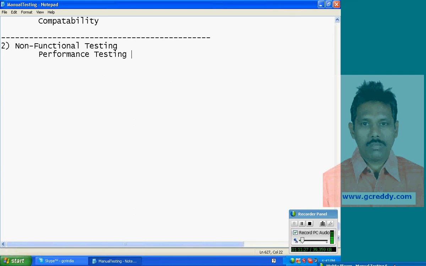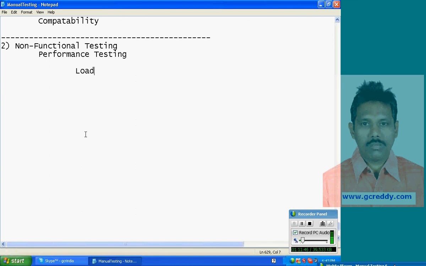So manual testing is impossible in this area. Only tools in this performance area. See, performance has some subsets.